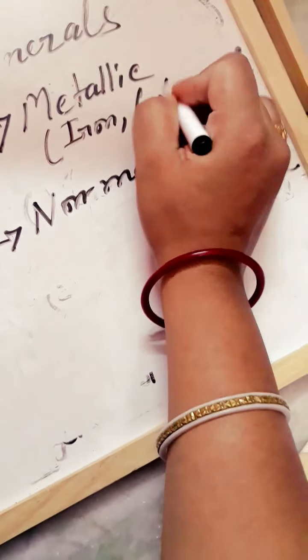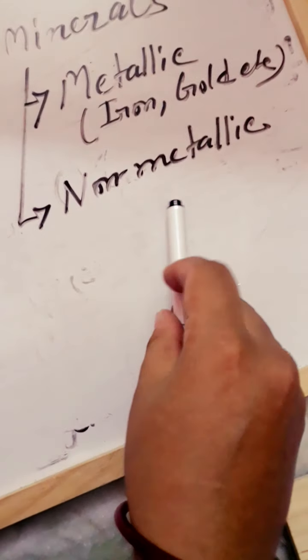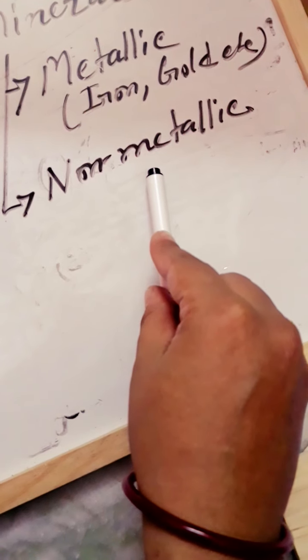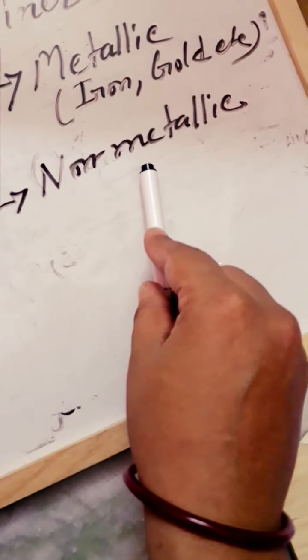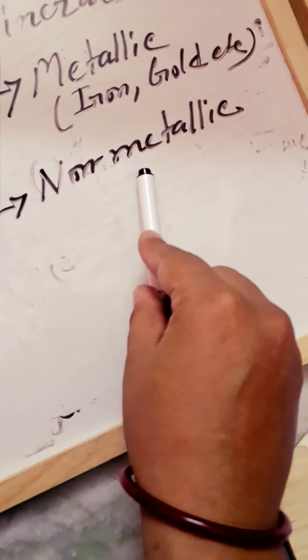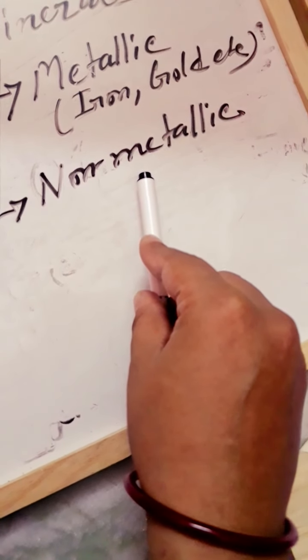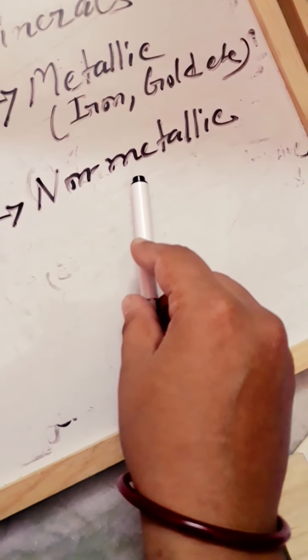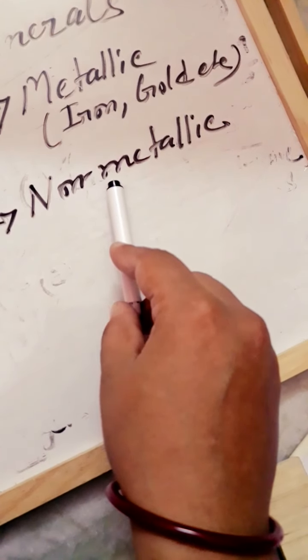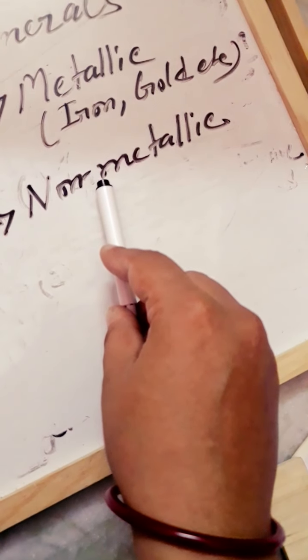Iron, gold, etc. And what about non-metallic minerals? Non-metallic minerals are those that do not contain extractable metallic elements. They also lack a metallic shine in their appearance.